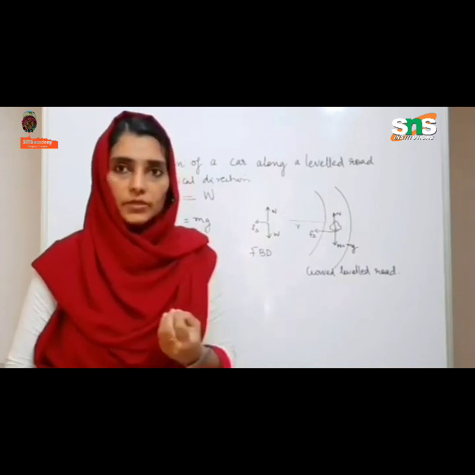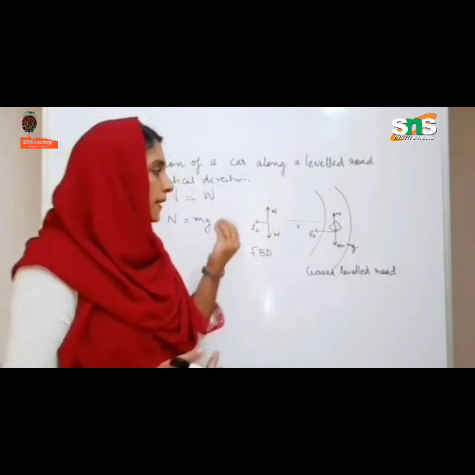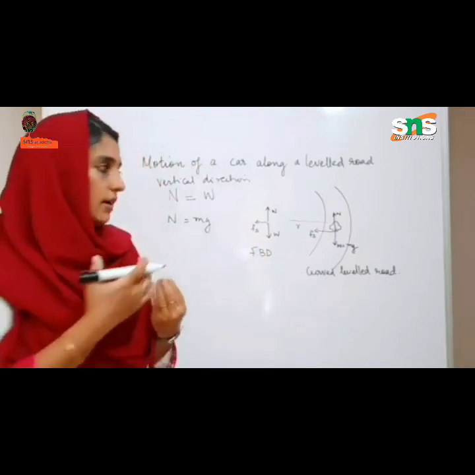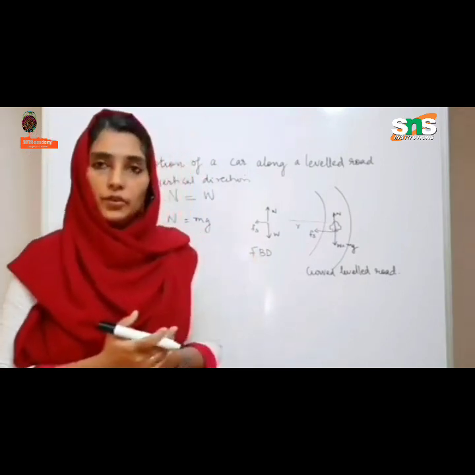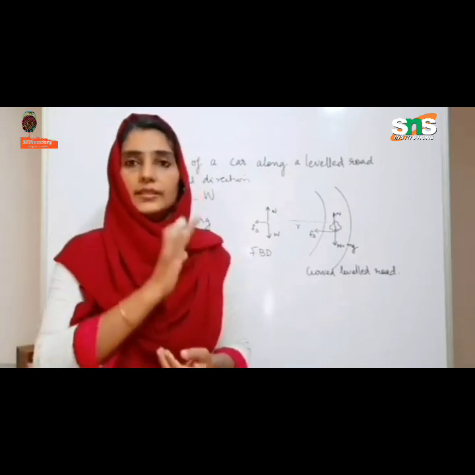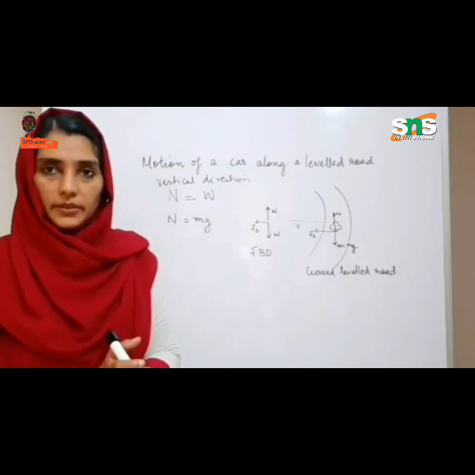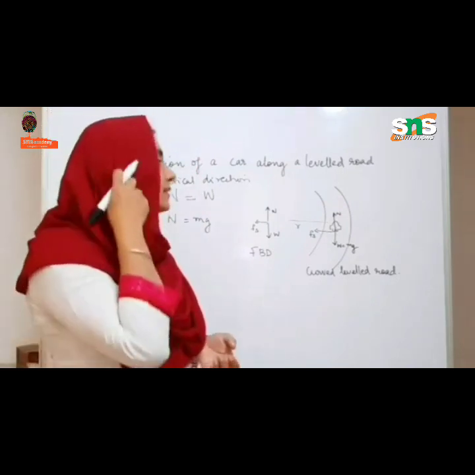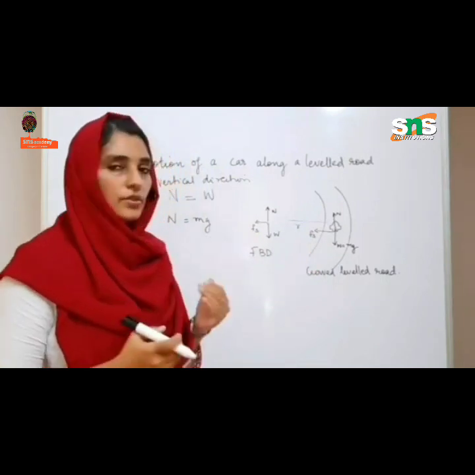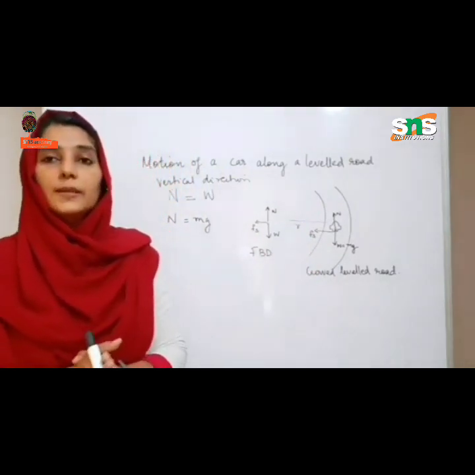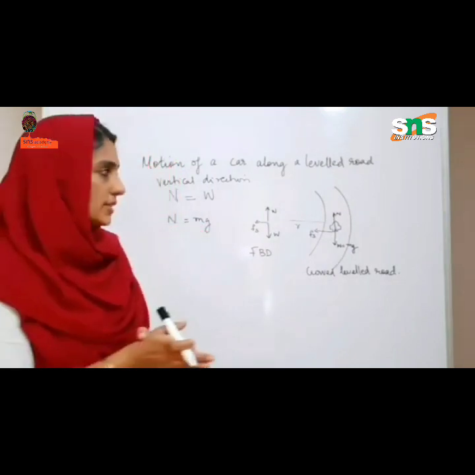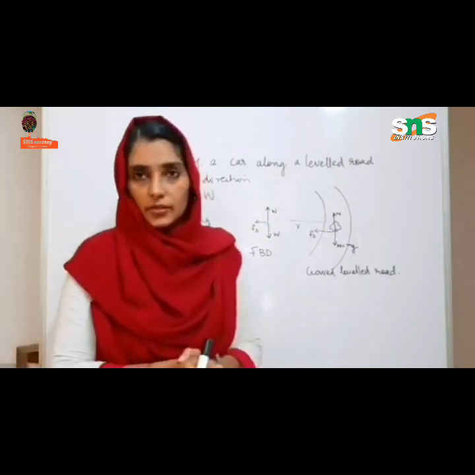For any object to be in circular motion, it has to be supported by a force which is known as the centripetal force, and the acceleration associated with this body is known as the centripetal acceleration. In this case, the frictional force is the only force acting along the horizontal direction, so that frictional force provides the necessary centripetal force which keeps the body in the circular path.